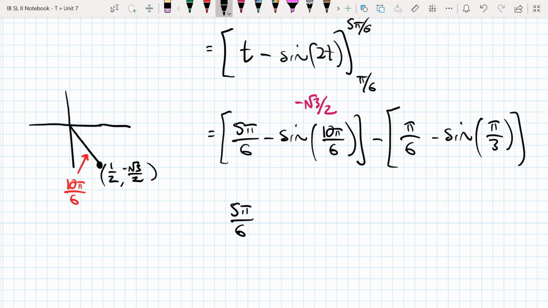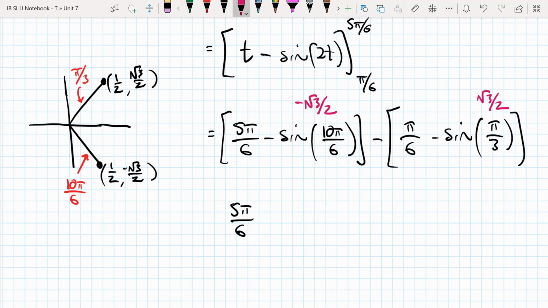And then up here is going to be pi over 3. This is 1/2, comma, root 3 over 2. And so the value here is square root of 3 over 2, positive.